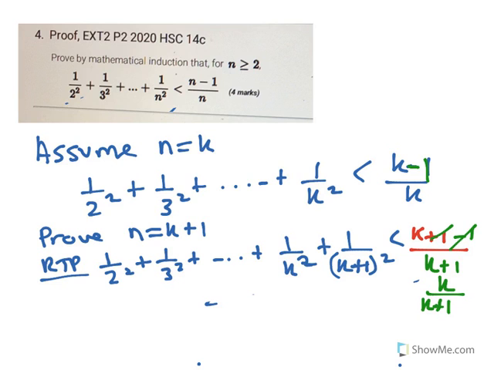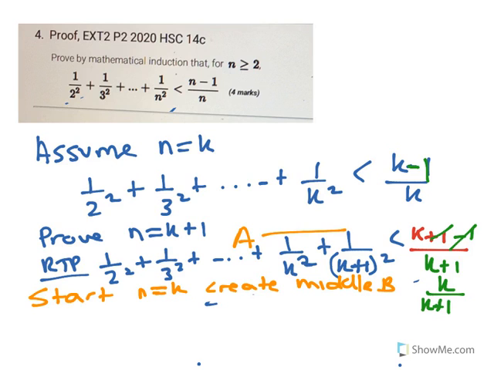Okay, so what we need to do is, if we start with n equals k, we create a middle term. So we create a middle, and the middle we call b. So this first thing here, from there to there, that's a. That's the sum to k plus 1. This k on k plus 1, we call that c.